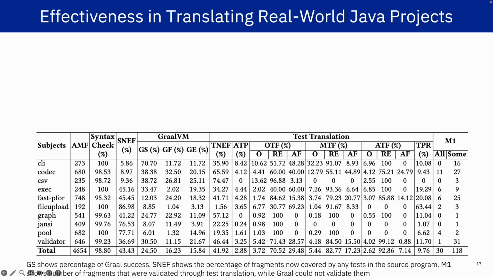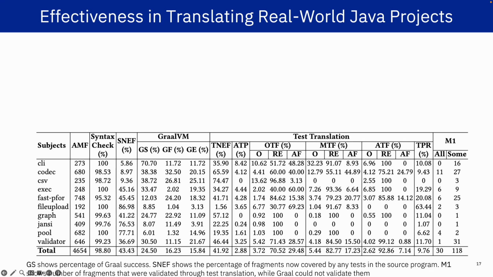Now, in order to measure the effectiveness of AlphaTrans in translating and validating real-world Java projects, let's focus on this table. It shows our 10 projects and their AMFs, the second column. AMFs stands for application method fragments.